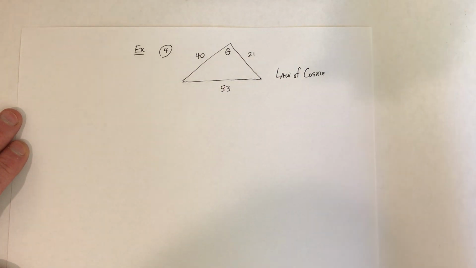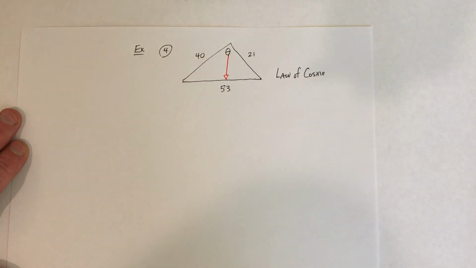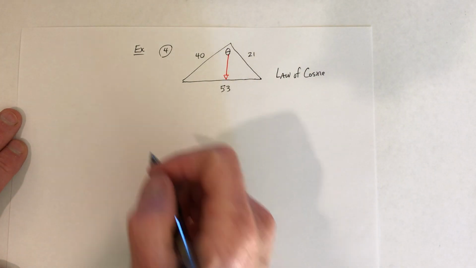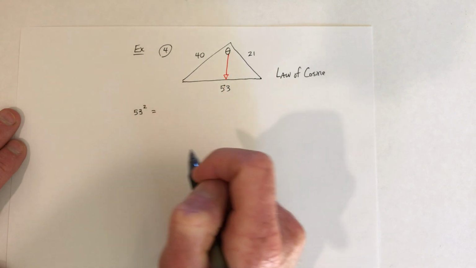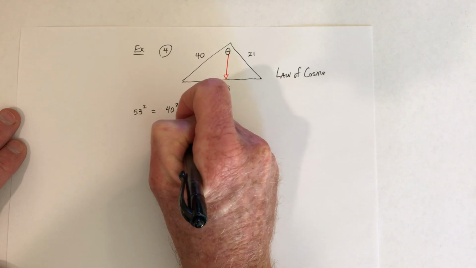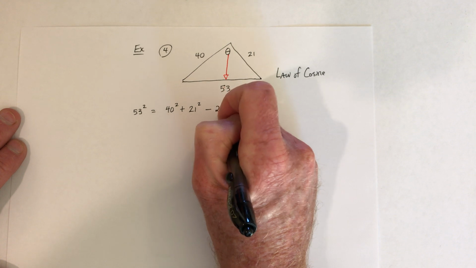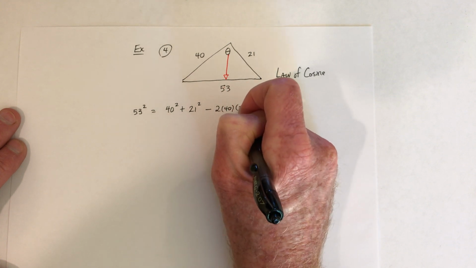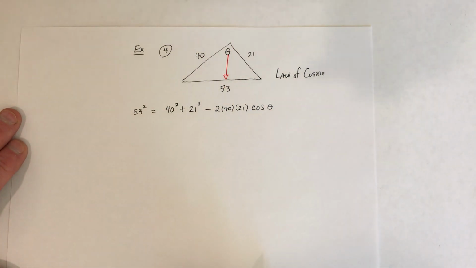So you start with the given angle, go across from it, and that's where the whole formula needs to start, with the 53. So it's going to be 53 squared equals, and then the other two sides squared, and then minus 2 times the 40 times the 21, and then cosine of theta.